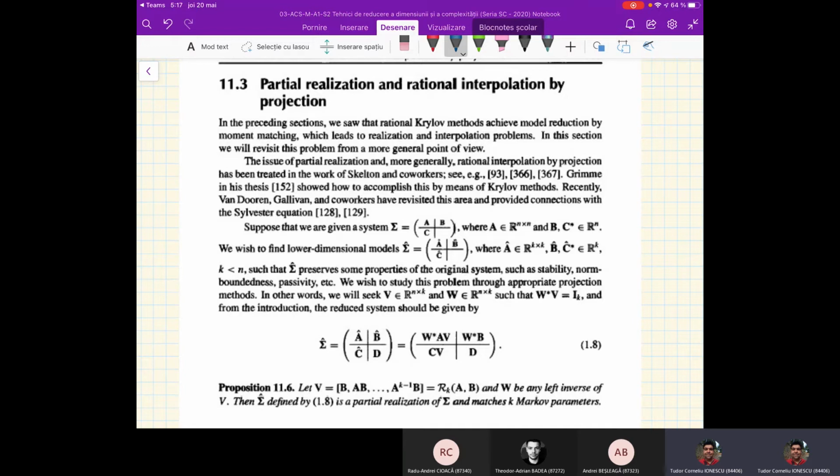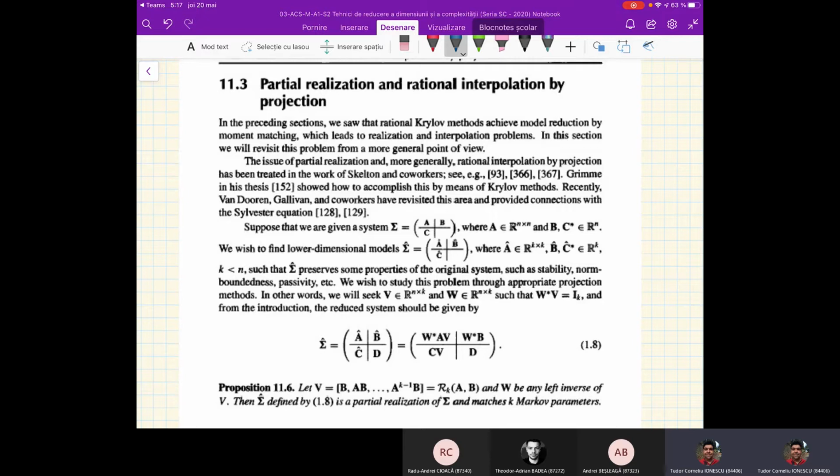We'll pass on further to the discussion about the partial realization problem and its relation to interpolation. Okay. So Krylov methods achieve model reduction by moment matching, which leads to realization and interpolation problems. This is true. Okay. So now we are going to revisit the partial realization problem of a given transfer function.